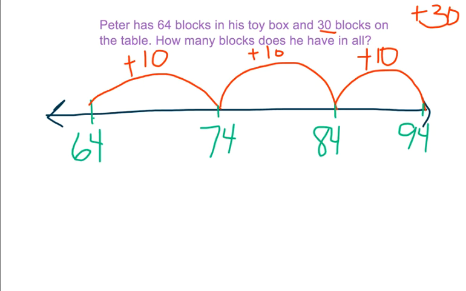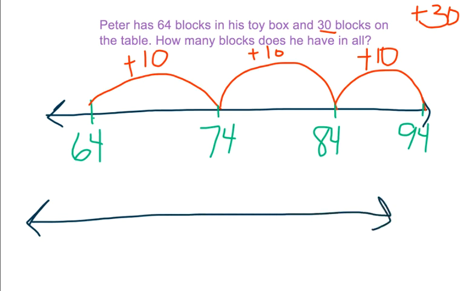We could also show it in a different way, like this. Since I already knew that 64 plus 10 was 74, and I know that 30 equals 10 plus 20, so I have to jump 20 more.